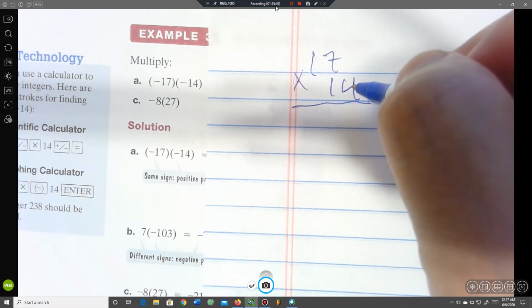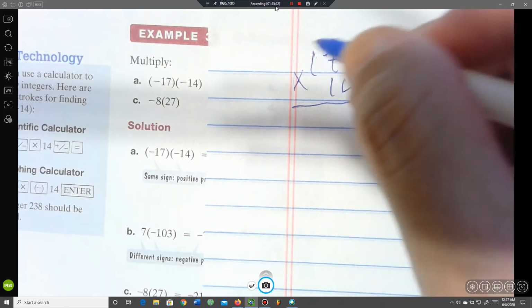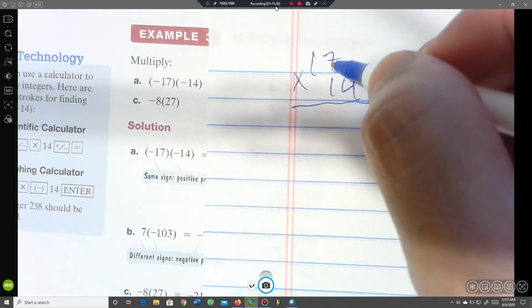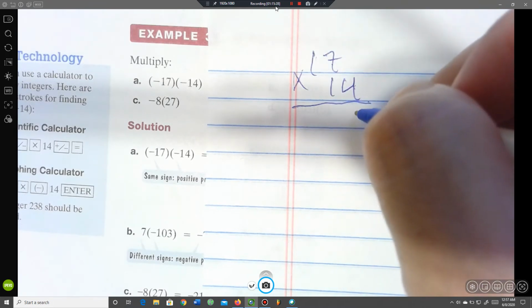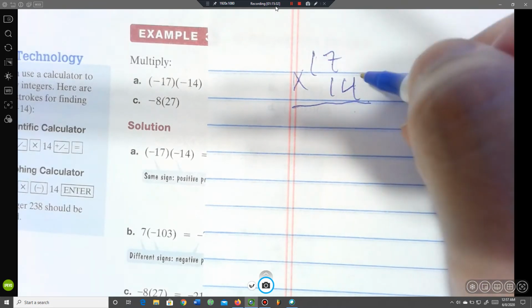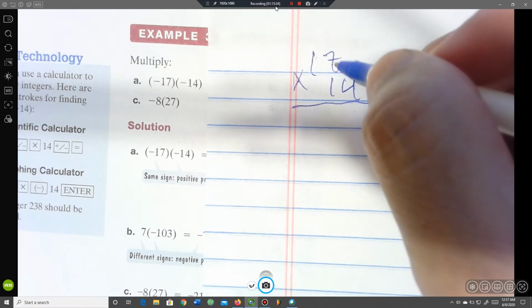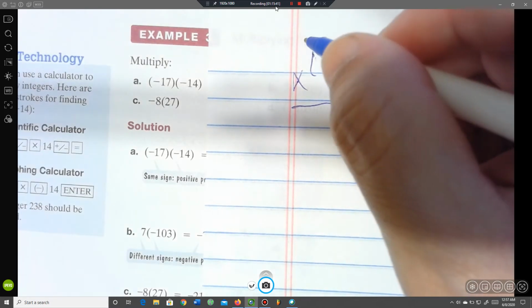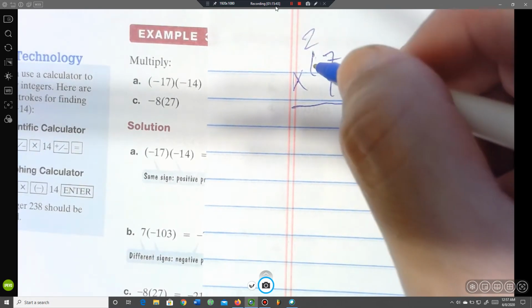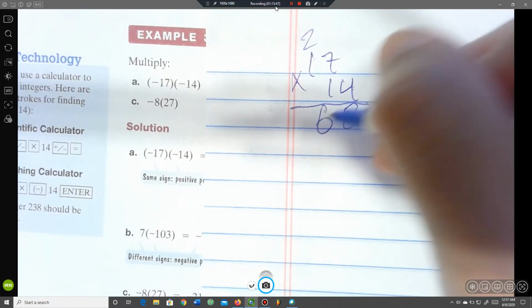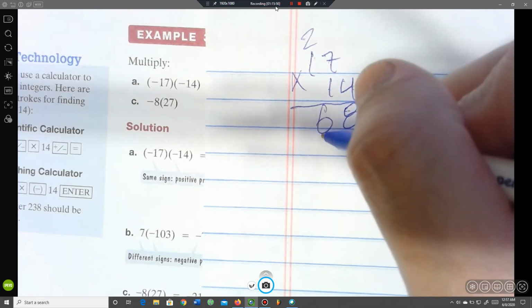Then just multiply 4 times every integer that's up here. 4 times 7 is 28. Write the 8 down and carry the 2, and then 4 times 1 is 4 plus 2 is 6. And then 1 times 7 is 7.